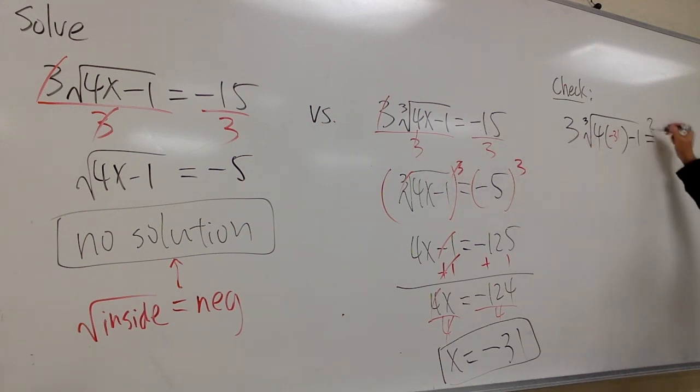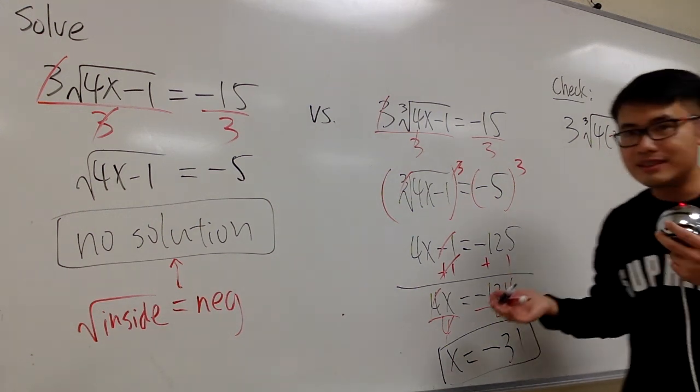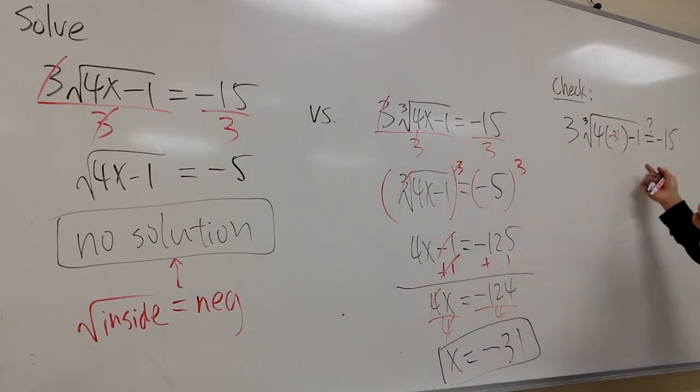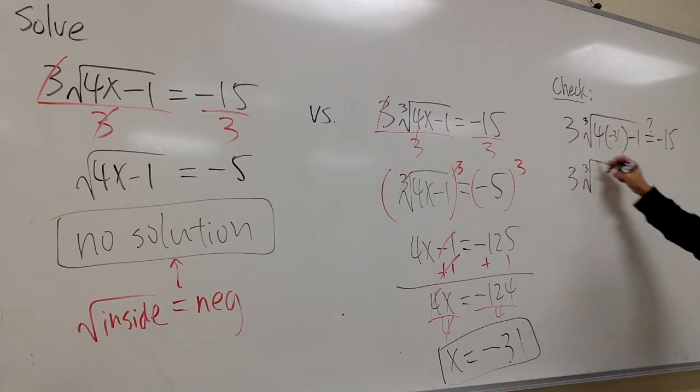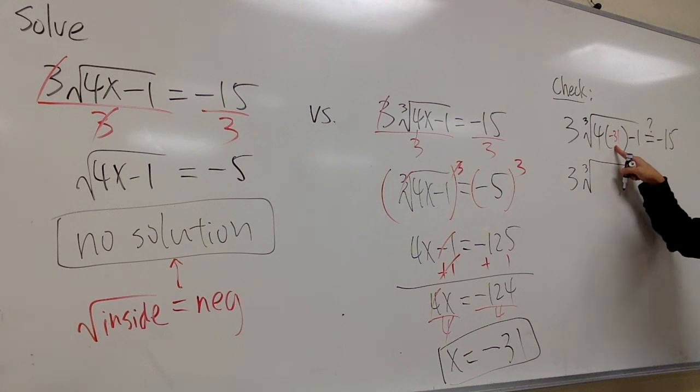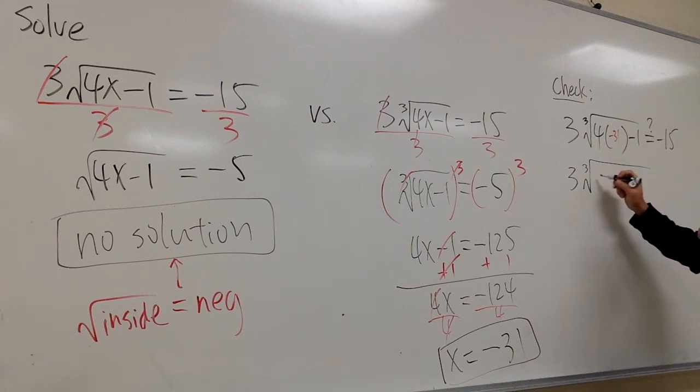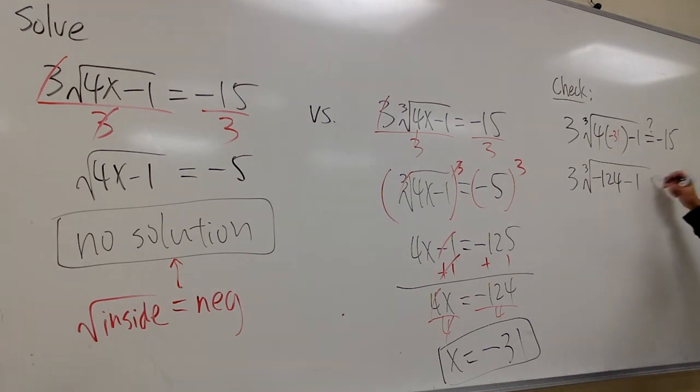Do we end up with negative 15? Well, let's see. We do this inside out. This is the 3 times the cube root. 4 times negative 31. This is going to be negative 124, and then we minus 1. Right? Does this give us negative 15?